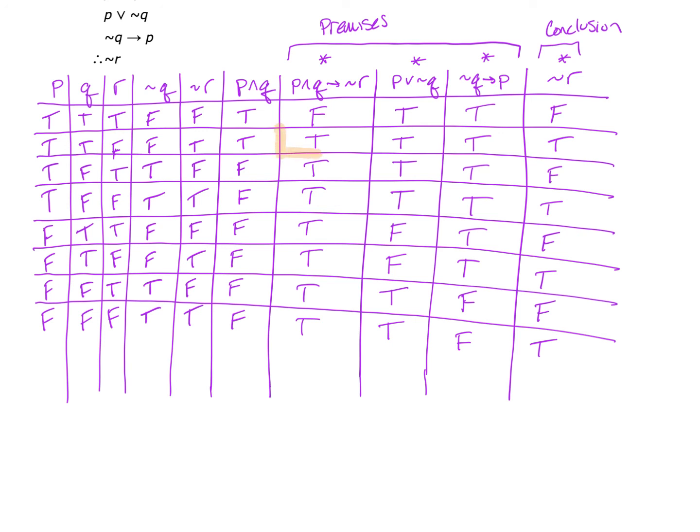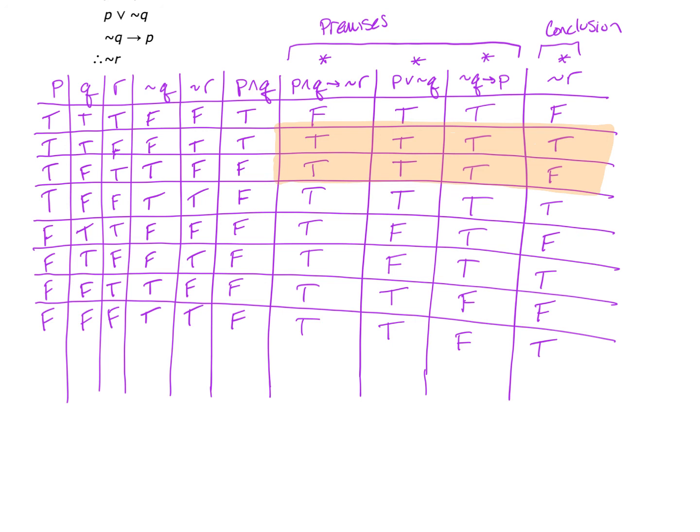So here's one. Okay, looks good so far. All the premises are true and the conclusion is true. But in this next row, all my premises are true, but my conclusion is false. Okay, so that means I've found a case where all my premises can be true, but my conclusion is false. So I have an invalid argument.